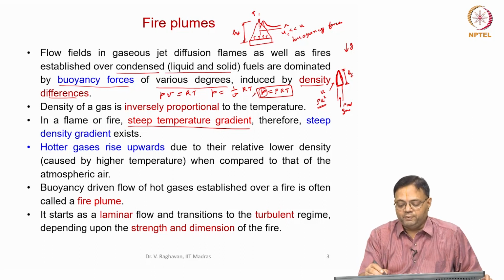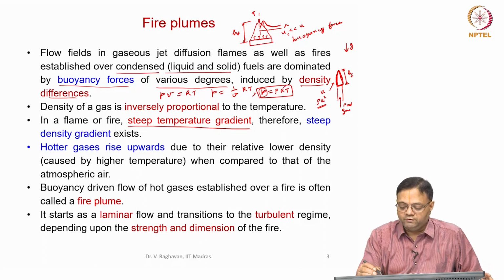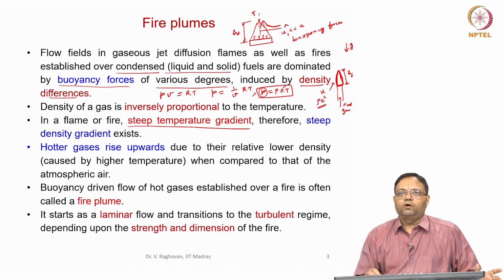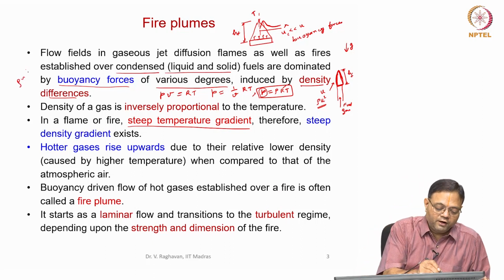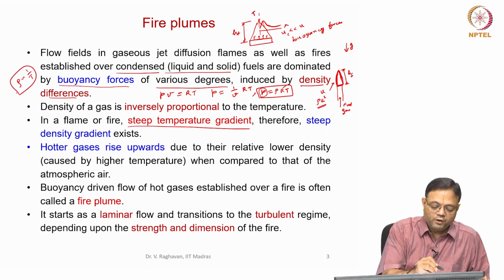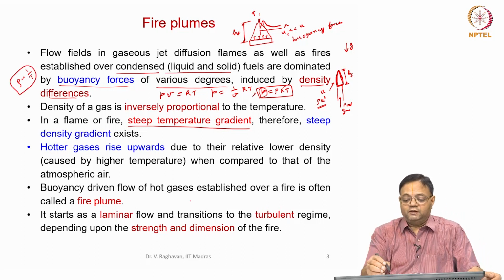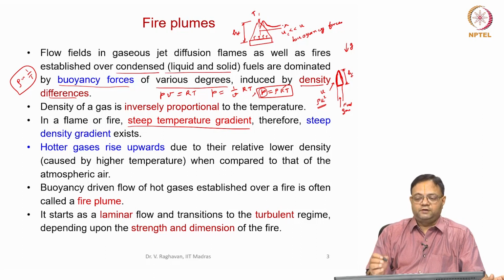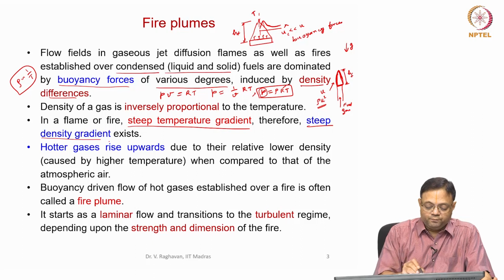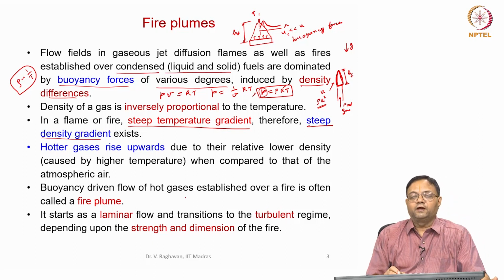So, we can say the pressure remains almost constant, the specific gas constant also remains almost the same. So, the density goes inversely as temperature. That means, if you have a steep temperature gradient, it will also cause a steep density gradient, and this is what is triggering the buoyancy aided flow.